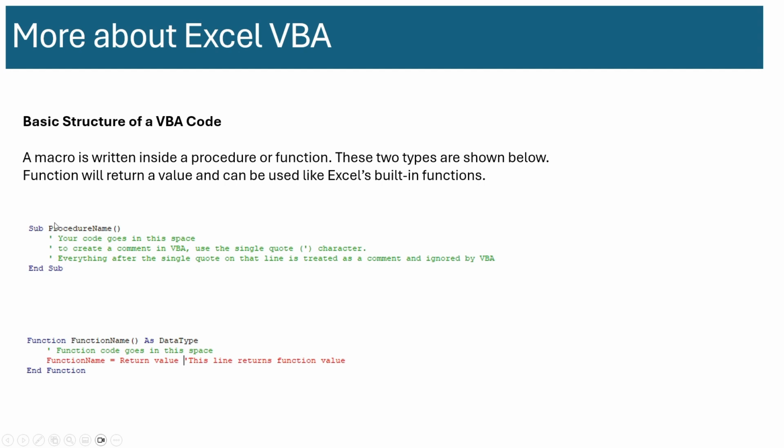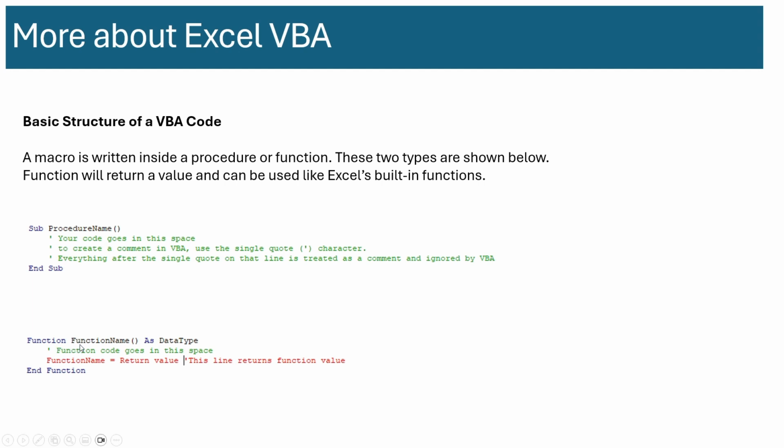And then you will have the macro name with the two brackets. You'll have your code and comments inside it. And then it will be accessible within that workbook, or throughout the Excel application, depending on where you save it.